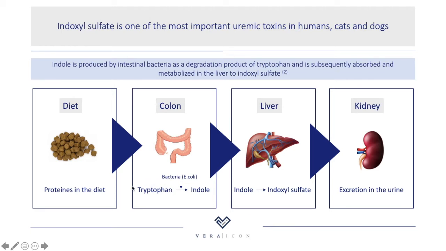One of these amino acids is tryptophan. Tryptophan is transformed to indole by bacteria in the gut, mainly E. coli. Coliforms are responsible for the transformation of tryptophan to indole. Indole is absorbed, comes into the bloodstream, goes to the liver, and will be sulfated. It will be transformed to indoxyl sulfate, and this is the toxin.